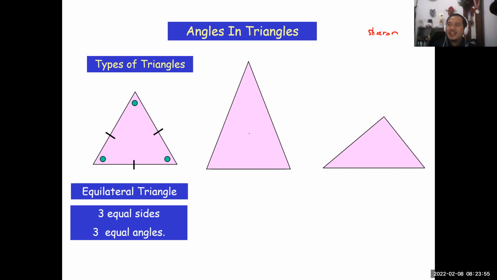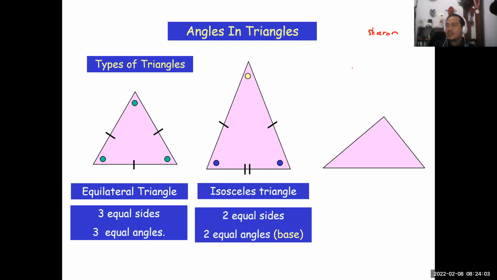Okay. So this is what we call, yes, that's right, segitiga sama kaki. Sama kaki in English, we call it an isosceles triangle. You need to know the names of the triangles in English, of course, because we're learning math in English.